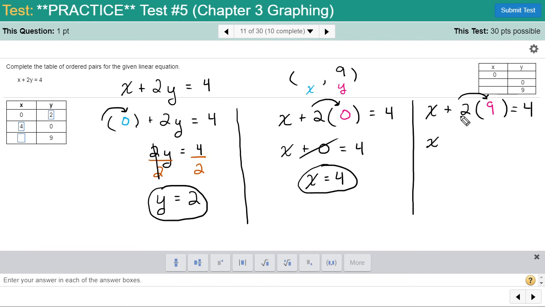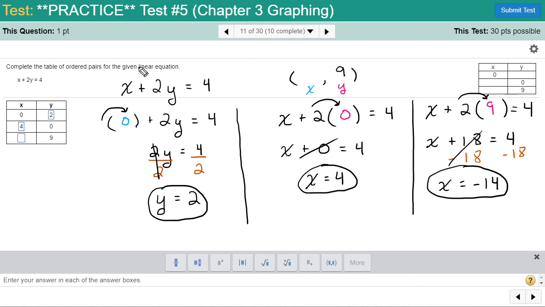We end up with x, and positive 2 times positive 9 gives us positive 18, equals 4. Only one step here to isolate the variable x. We'll just subtract 18 from both sides. When we do that, 18 minus 18 is gone. The only thing remaining on the left is our x variable equals, and positive 4 minus 18 is negative 14. And so there we have it.